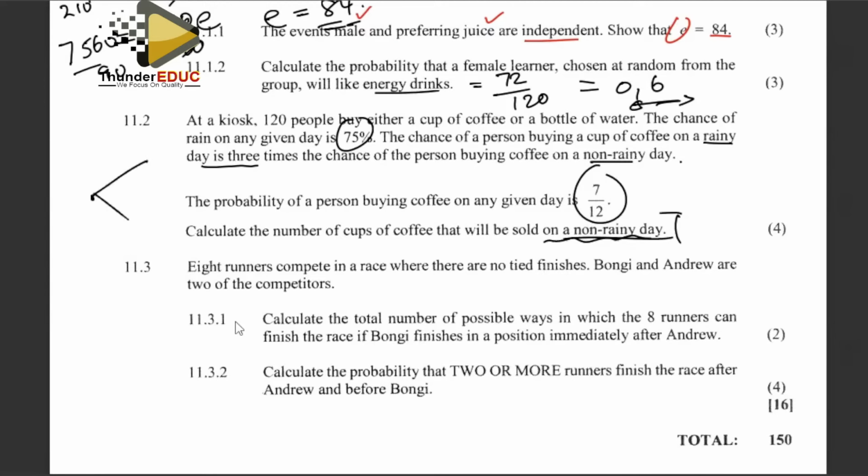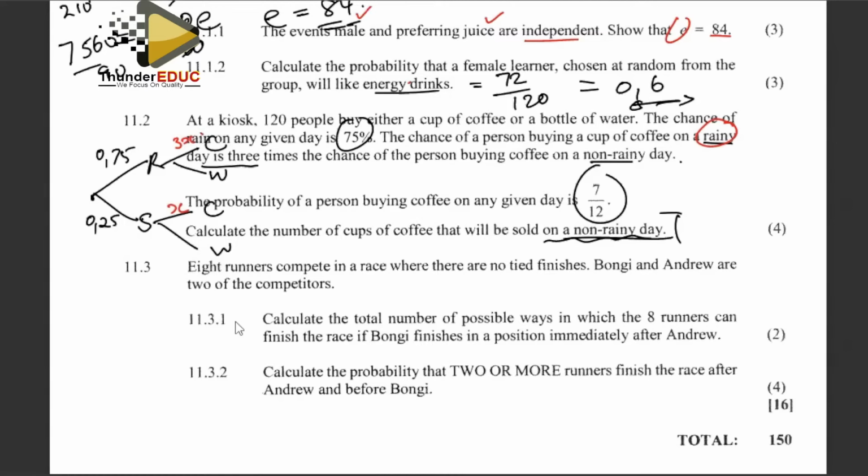So this would be something like rainy and then maybe sunny. Somebody can buy coffee or water. The chance of rain is 0.75, and the chance here will be 0.25. Now they told us that the chance of a person buying coffee on a rainy day is 3 times, so if this is X, then this must be 3X.